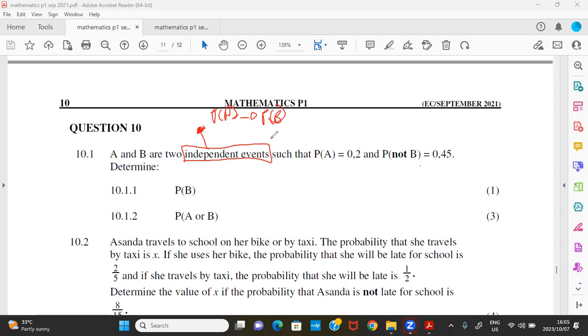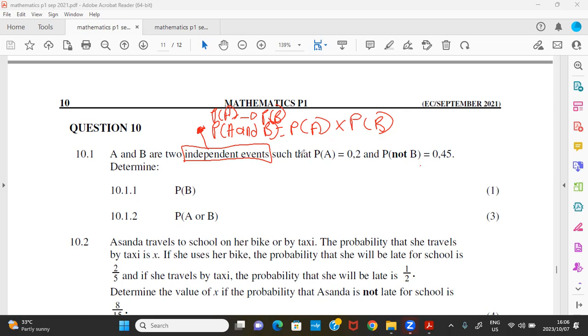And also we know that for the probability of A and B, we are just going to say probability of A multiplied by probability of B. So for independent events, the probability of A and B is equal to the product of the probability of A and B, basically when we multiply the probability of A and the probability of B.